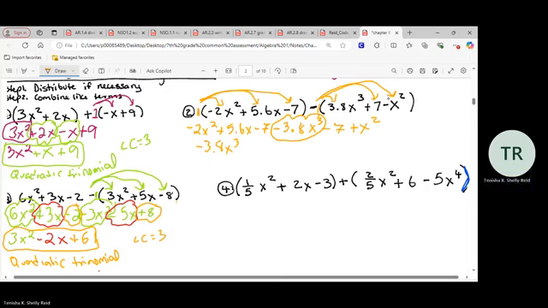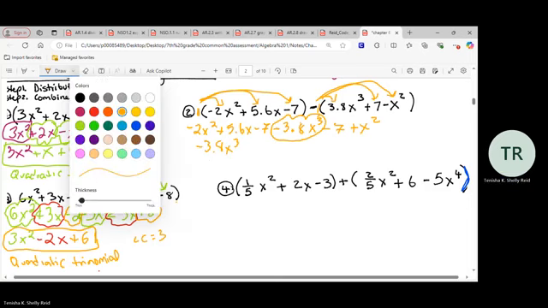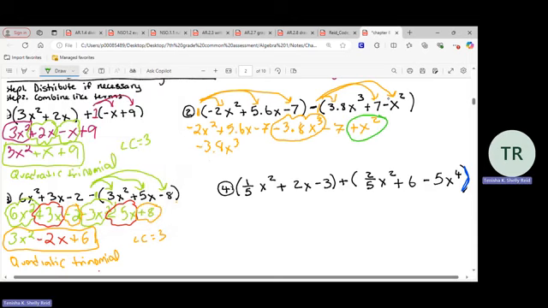And then my x squareds, positive x squared, and I have a negative x squared. Those are it. So -2x squared plus x squared is going to give me -1 x squared.